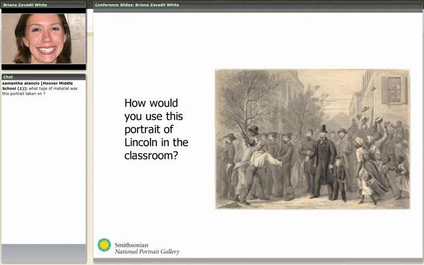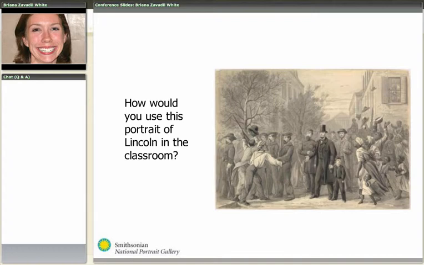So this was the last piece that David Ward talked about in the last hour, and this is probably my most favorite image in the One Life, the Mask of Lincoln show, because it tells such a fantastic story.